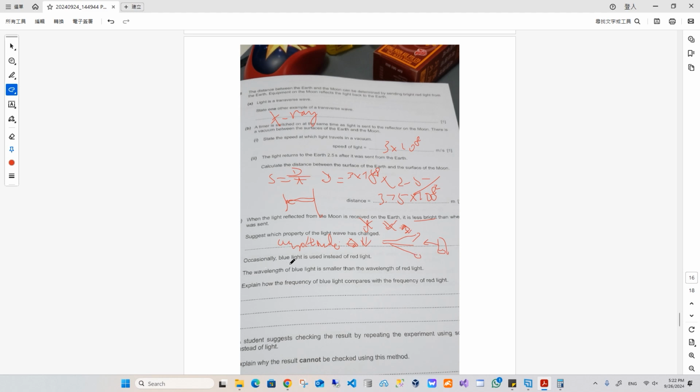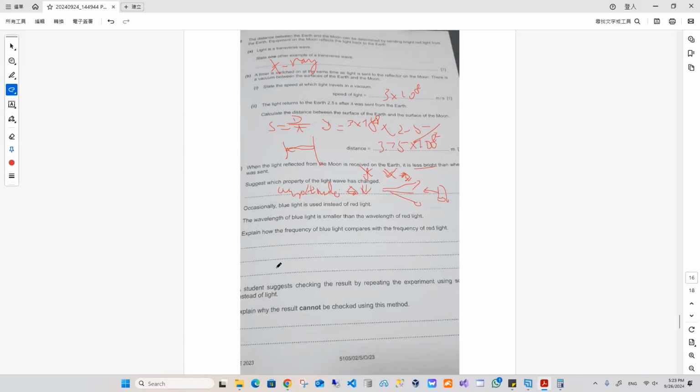Occasionally, blue light is used instead of red light. The wavelength of the blue light is smaller than the wavelength of the red light. Okay, frequency higher. Explain how the frequency of blue light compares to the frequency of red light. So your wave v equal to f lambda.